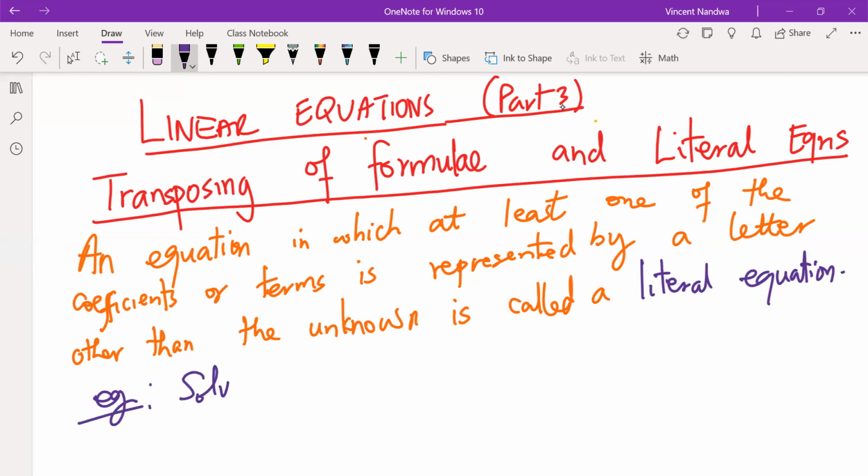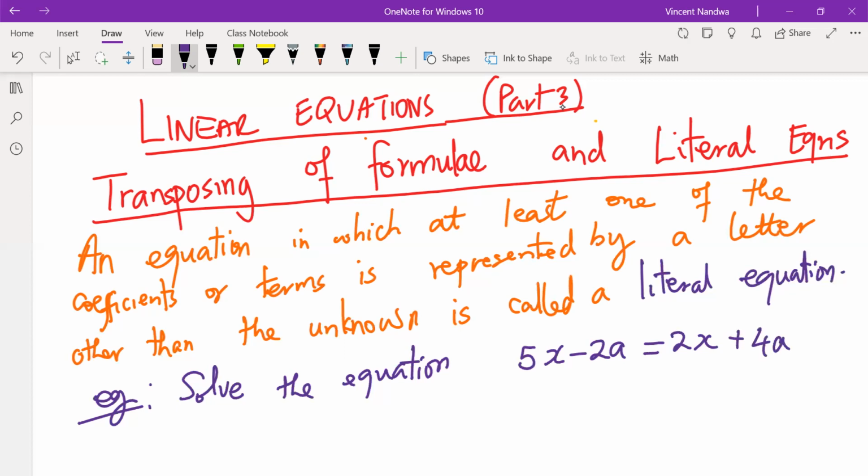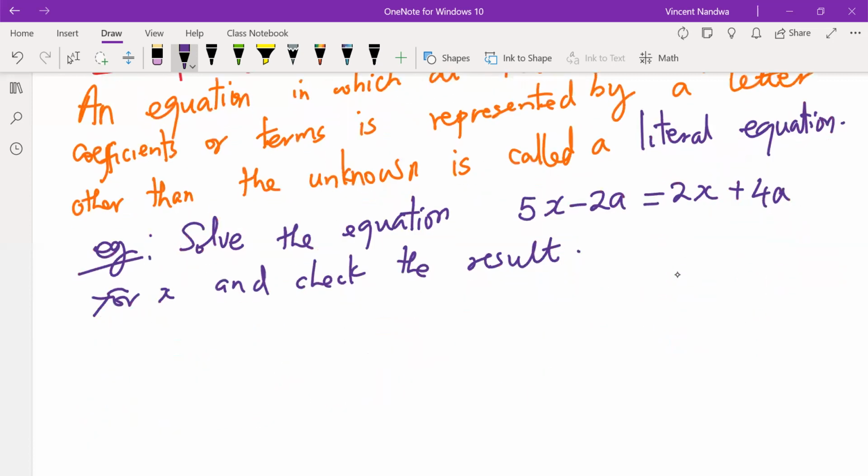Solve the equation 5x minus 2a equals 2x plus 4a for x and check the result.